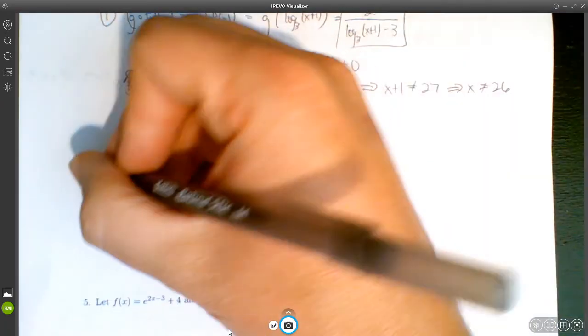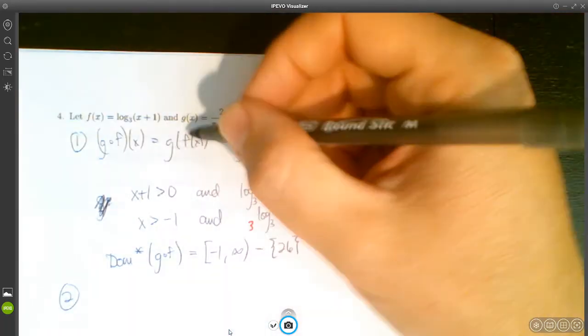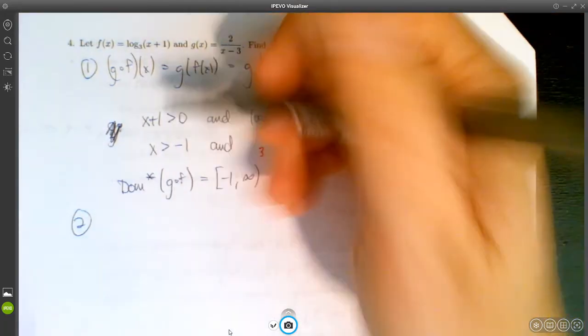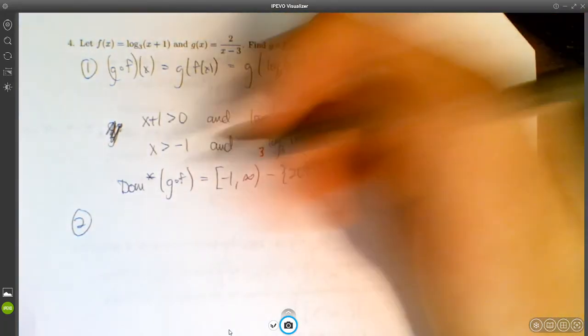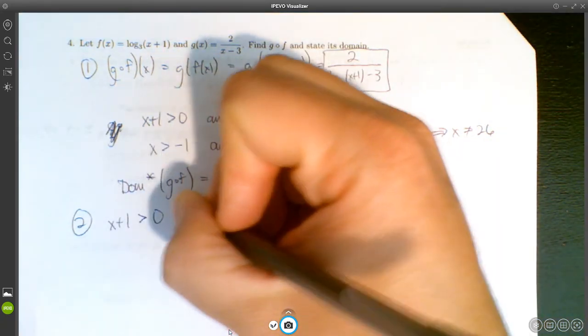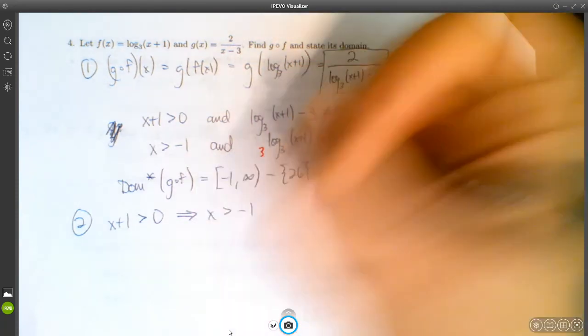Now step 2, we need to figure out the domain of the inner function. The inner function in this case was f of x. For f of x, we just need x plus 1 to be greater than 0, which implies that x needs to be greater than negative 1.